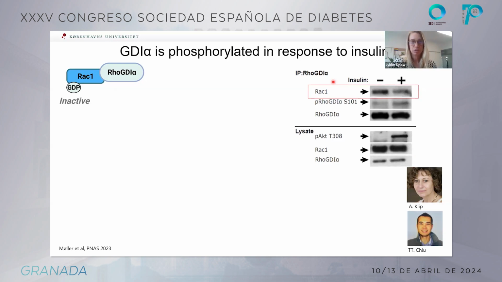And we also found that Rho GDI alpha was phosphorylated in response to insulin. So we think that this phosphorylation destabilizes the complex, leaving RAC1 to be active by insulin, and that this is somehow defective in patients with type 2 diabetes.